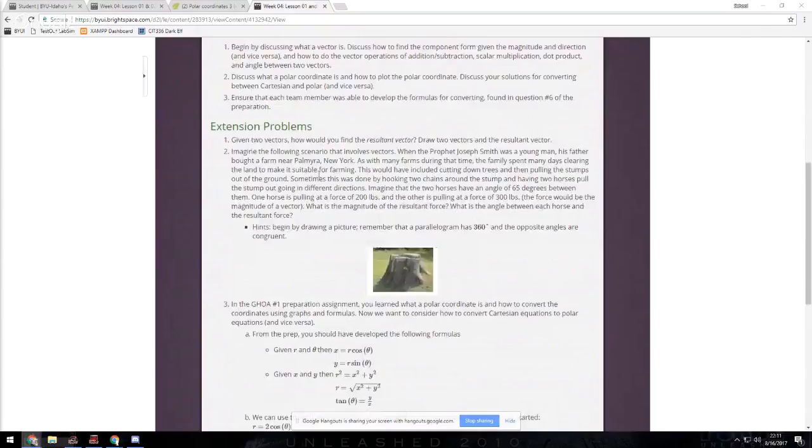So given 2 vectors, how would you find the resultant vector? I took this to mean that basically what we want to find is the vector that points through the middle of the 2 vectors given. The best way for me to do this is draw a vector along the y-axis, draw a vector along the x-axis.